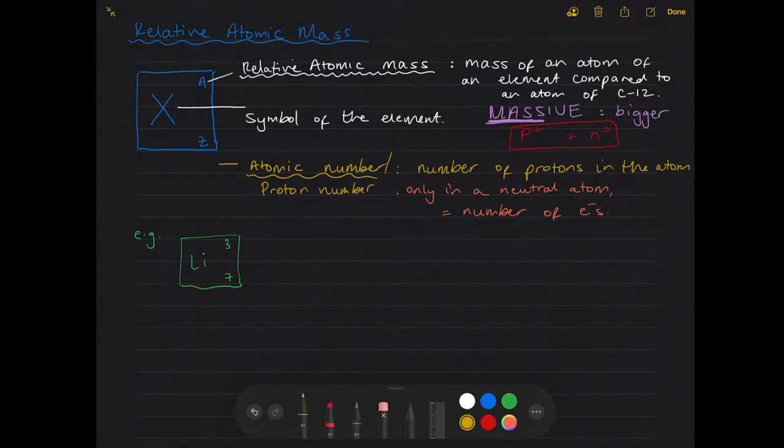What that means is the relative atomic mass is always equal to the massive, the bigger number. So in this scenario, the relative atomic mass is actually 7, whereas the atomic number, or the proton number, is equal to 3.